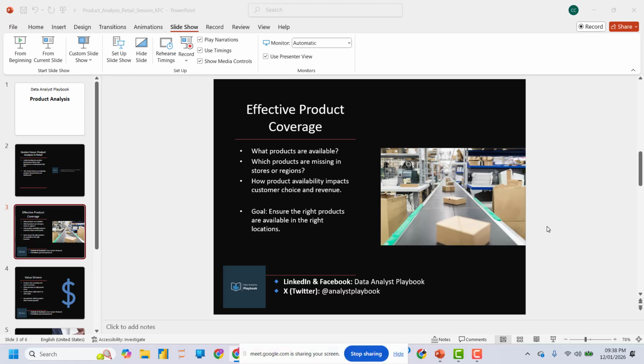I see that this product doesn't move in this area. Is it that you are not sending products down there? So it is also an analytical problem. It can also be a leadership problem, and that's what our analysis is there to find out. So we should ensure that the right products are available at the right time and at the right location.